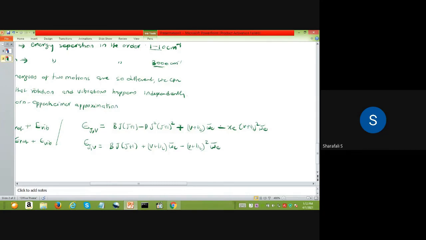I think just check these expressions. For vibrations, we have epsilon v, which is equal to v plus half into omega bar minus v plus half into square omega bar.